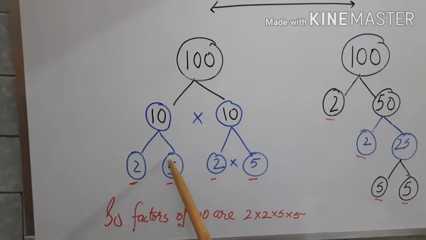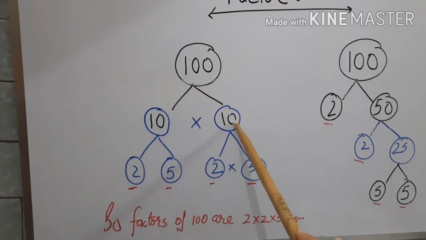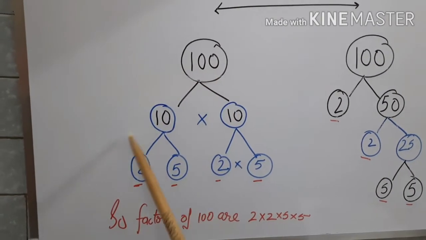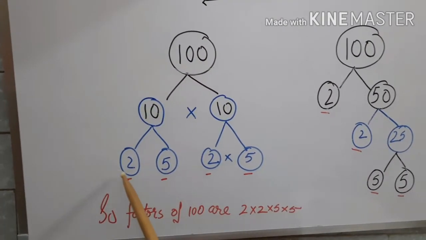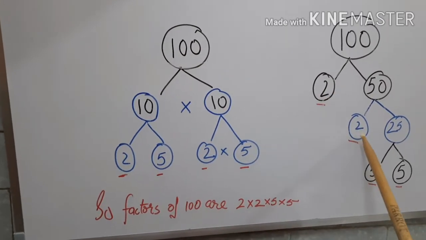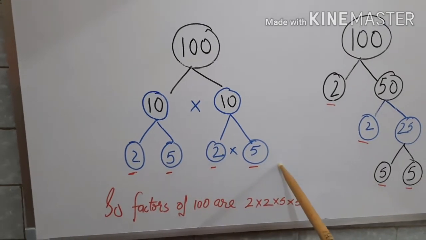2 multiplied by 5 gives you 10. 2 multiplied by 5 gives you 10. So the prime factors of 100 by using this method are also 2, 5, 2, 5. 2, 2, 5, 5, in whichever order you write.